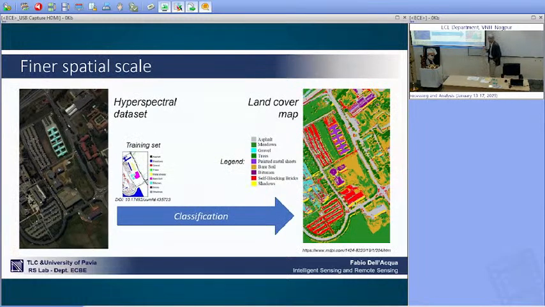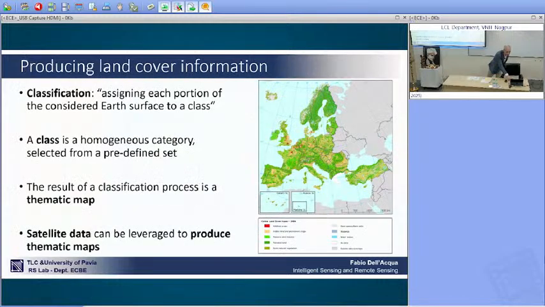And this can be done not only at the scale which you have seen here, where we have a thematic map on practically an entire continent. This is the Corine land cover map from 2006.